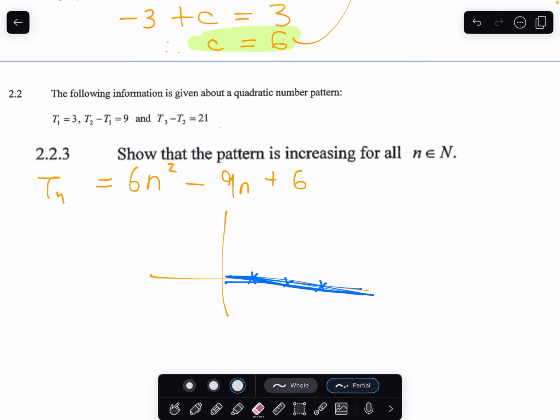So if our parabola turned out to look like this, what that would mean is that there are certain values of n for which our quadratic pattern yields decreasing values, and then we get to a certain value of n where that changes, and from there it yields increasing values. What we want to show is that nope, there's never this trend.